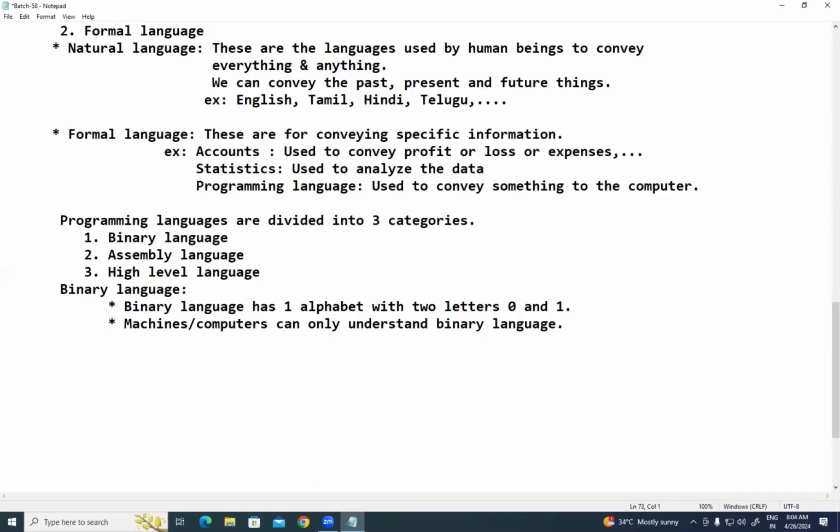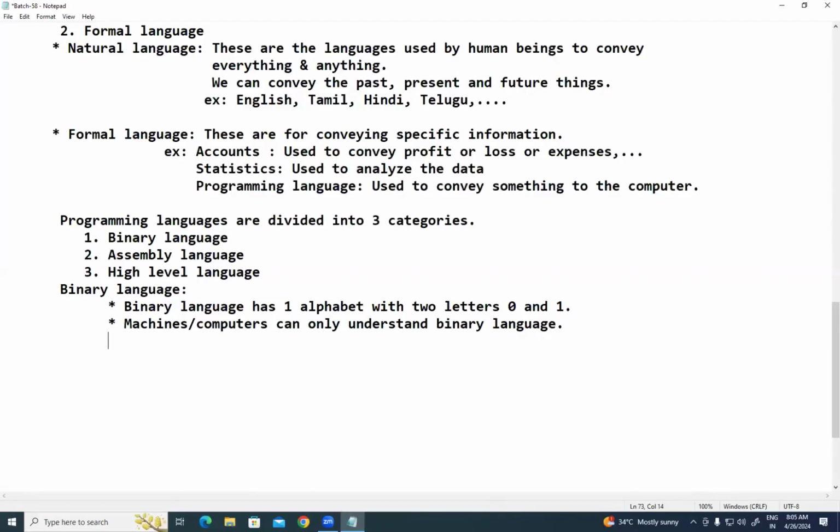Okay, right. Question comes here. Why are we not writing the instructions or programs directly in the binary language? Because we don't understand that language. Okay, nice.